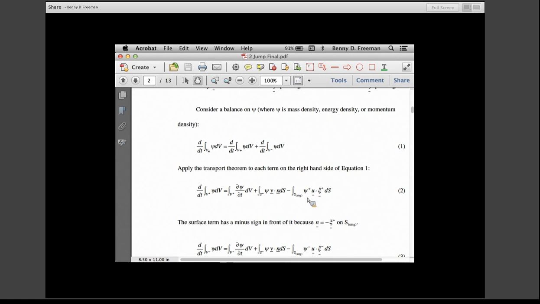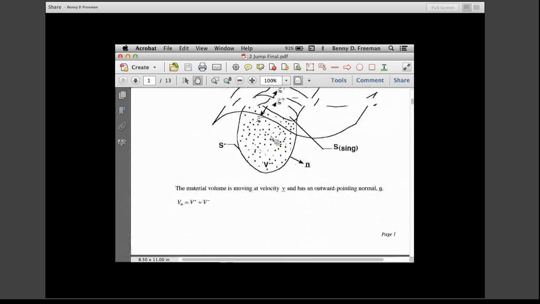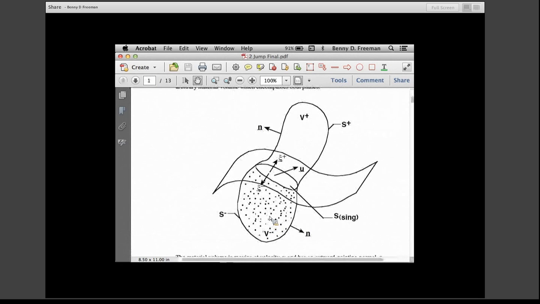If we talk about mass transport, that's going to be the density of the system. And the plus sign means that that is the density at the phase interface, but on, in this case, the plus side. We call the plus side, just for sake of argument, the gas phase. And so that would be the density right at this phase interface, but in the gas phase.